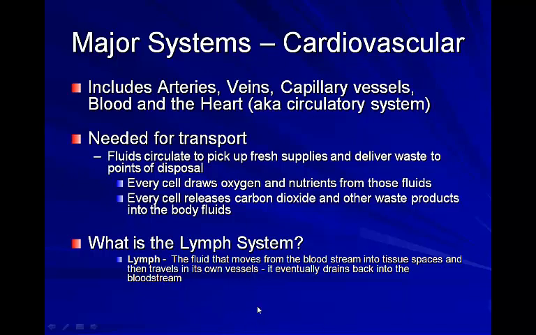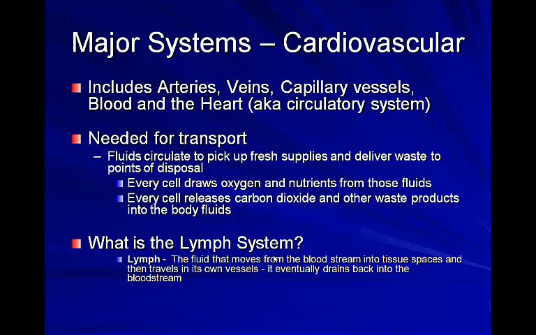Lymph, a very important, often overlooked system, is really another form of circulation. We do have other vessels besides arteries, veins, and capillaries that make up the lymph system. The lymph system is what we call an open circulatory system. It does have vessels, but they're not what we'd call closed.